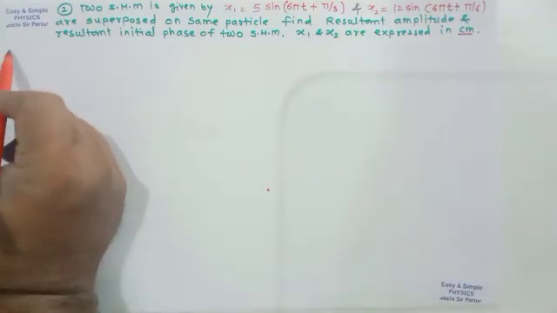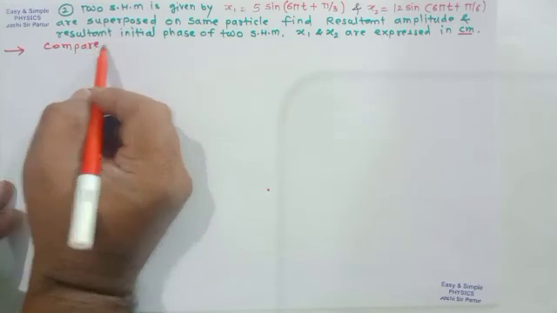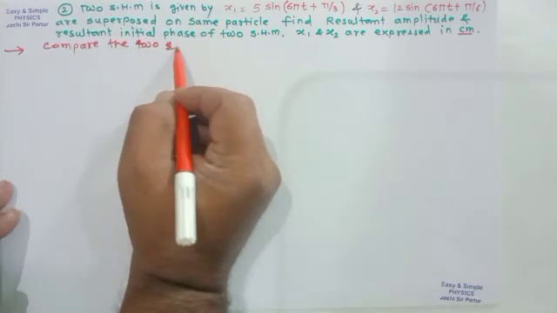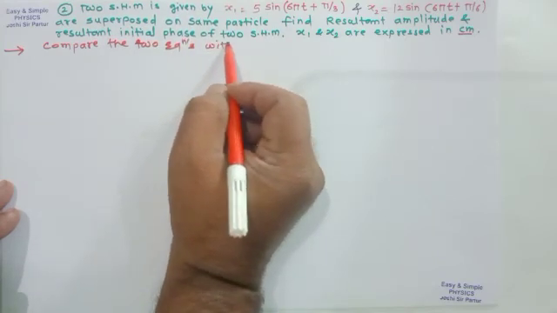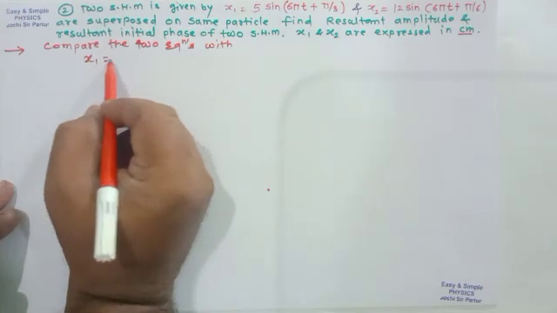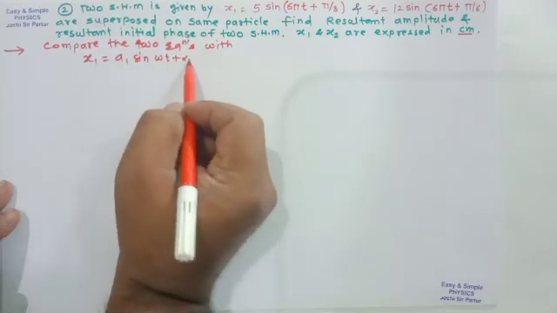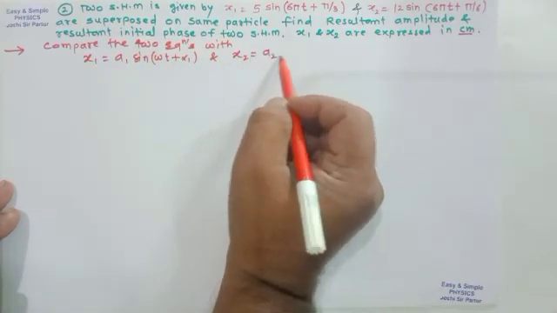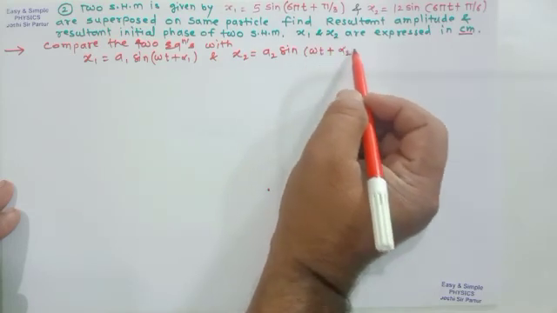So here, compare the two equations with x1 equal to a1 sine (omega t plus alpha 1) and x2 equal to a2 sine (omega t plus alpha 2).